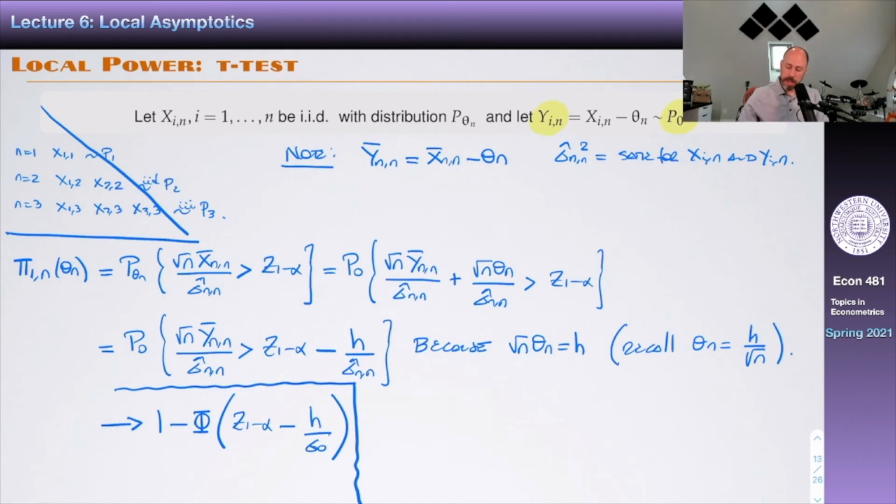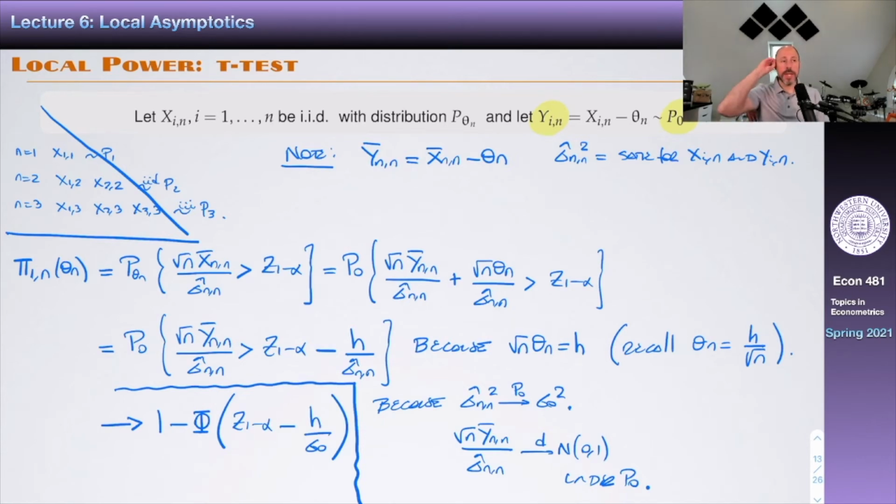I'm going to say again here that sigma hat n squared converges in probability under P naught to sigma squared, right? And then of course square root n Y bar n divided by sigma hat n converges in distribution to a normal 0, 1 under P naught.